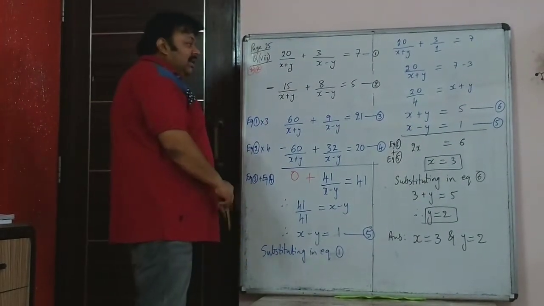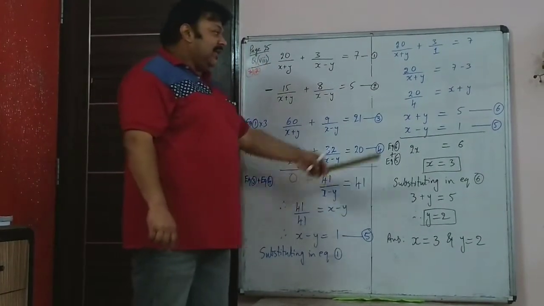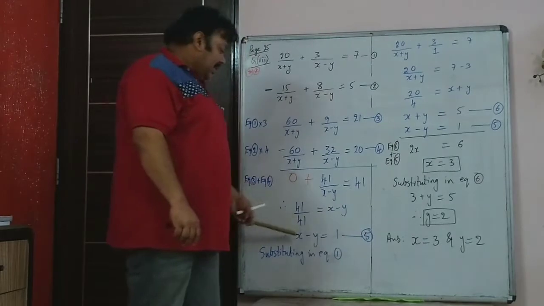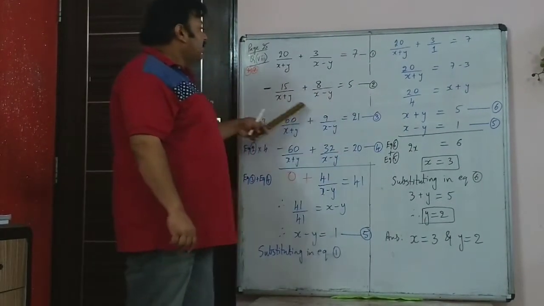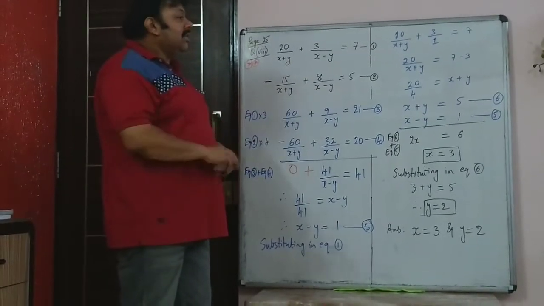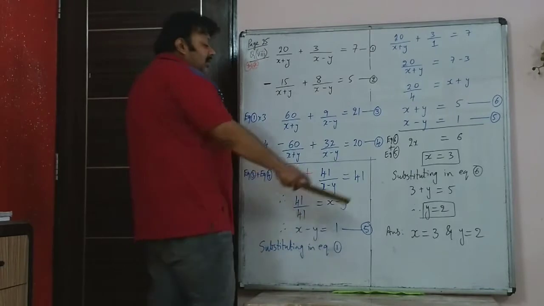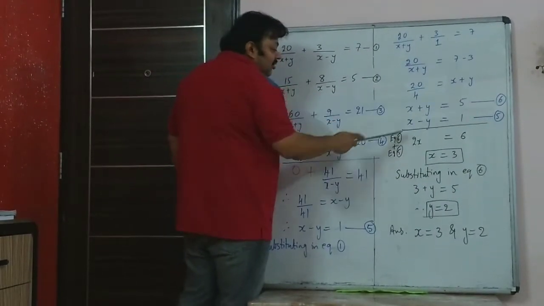And the other equation that you have already got is x minus y is equal to 1, that is equation 5. So you now have two very simple equations instead of these, in which the denominators had different LCMs.